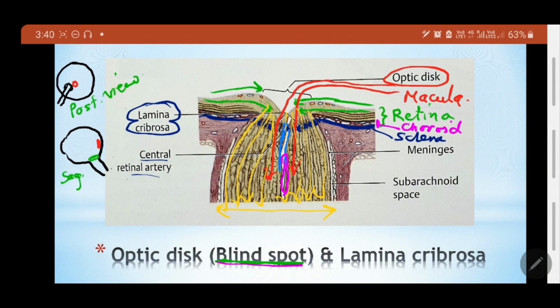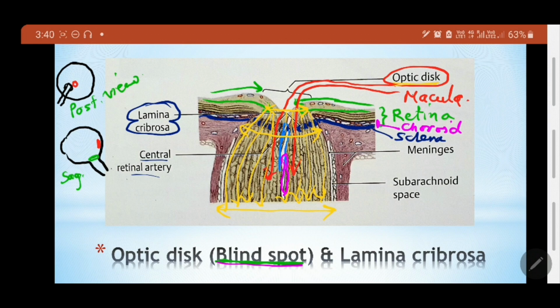It's only this much at the lamina cribrosa, and even further narrowed at this much. So that means there is mechanical compression of the nerve fibers. Actually, it's a natural thing. I should not use the word compression. Rather, they are so tightly packed at this point, like the optic disc.